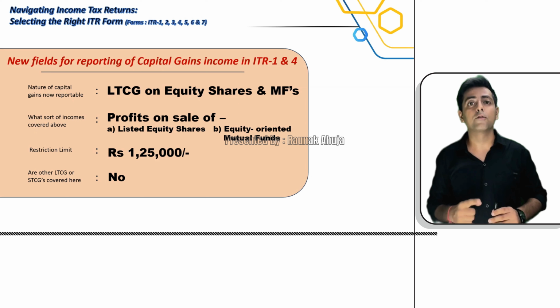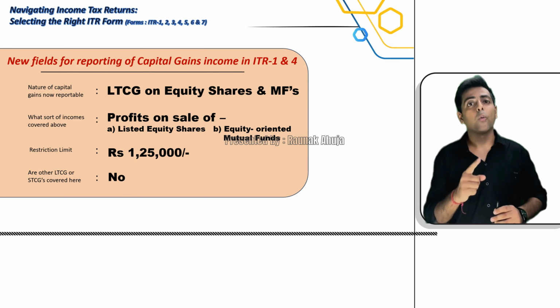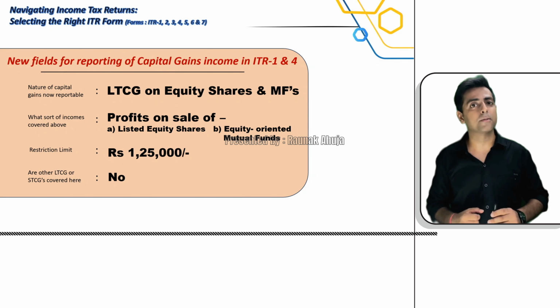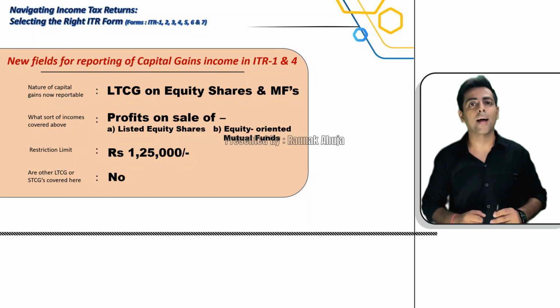All the profits from sale of equity shares or units of equity-oriented mutual funds constitute the long-term capital gain that can be reported under these ITRs. What is the maximum amount that is permissible to be reported under these ITRs? The maximum amount permissible to be reported in ITR 1 and ITR 4 is Rs 1,25,000.